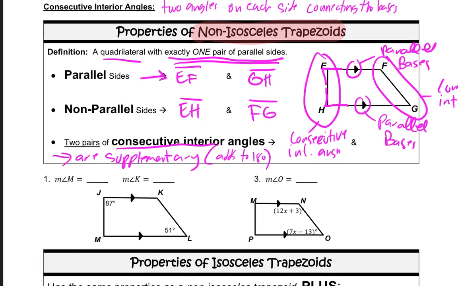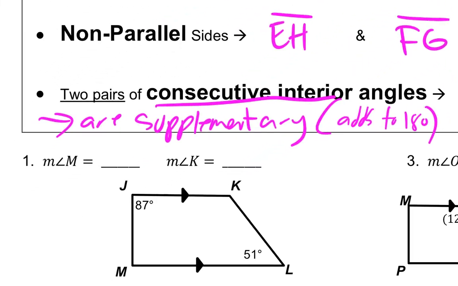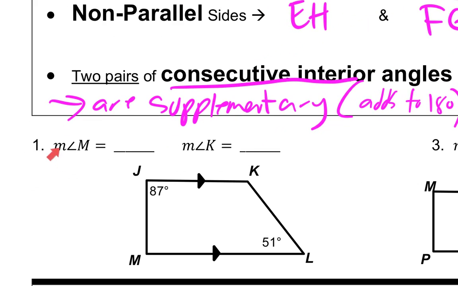Let's take a look at this first one. This wants us to find the measurement of angle M. This is angle M right over here, and that's what we want to try to find. We could just mark it with one arc. Well, what do we know?